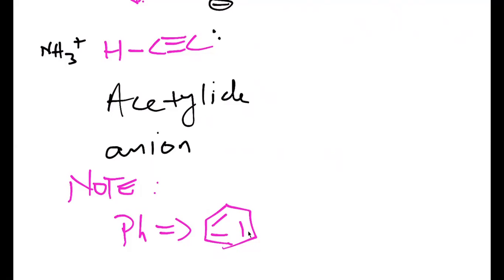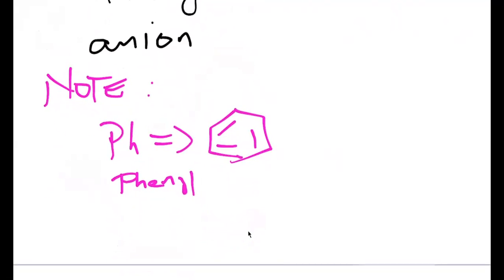Did I also give y'all that abbreviation too? The Ph abbreviation? Yes, it was like a functional group assignment. Yeah. So this is what we call a phenyl. We call it phenyl when it's a substituent. If it's by itself, then we just call it benzene. But when you add it as a substituent, then we call it phenyl. That's what the Ph is short for.